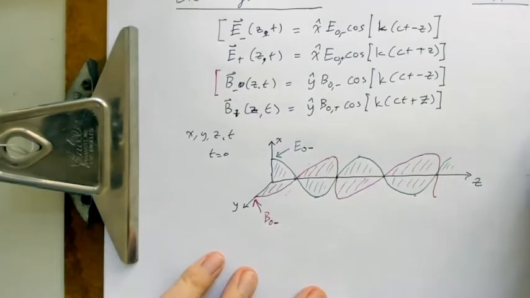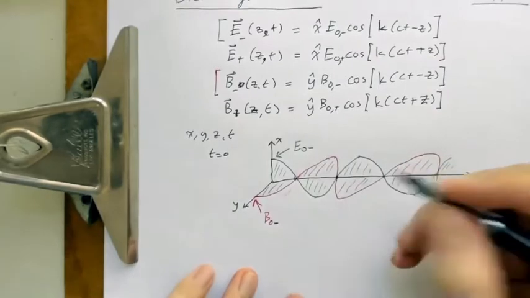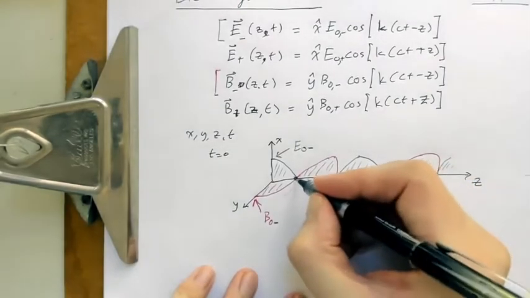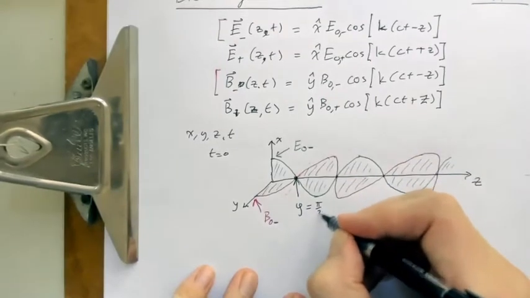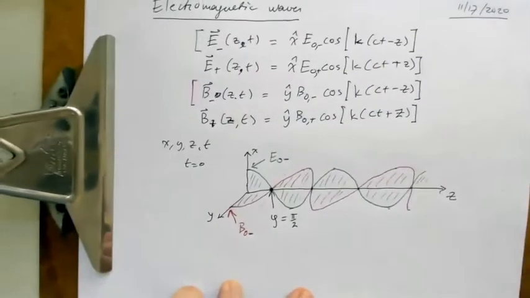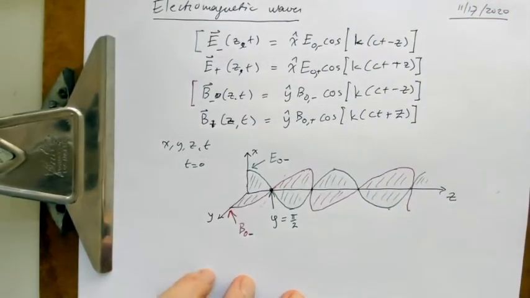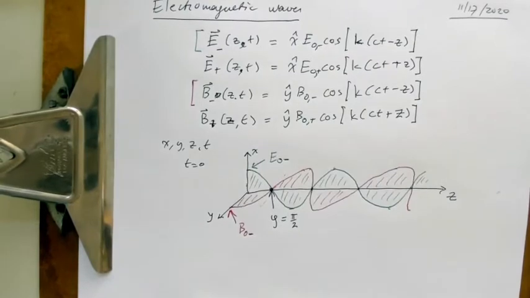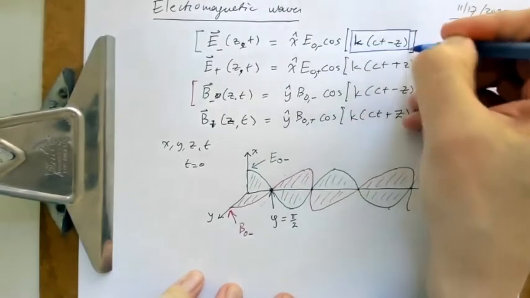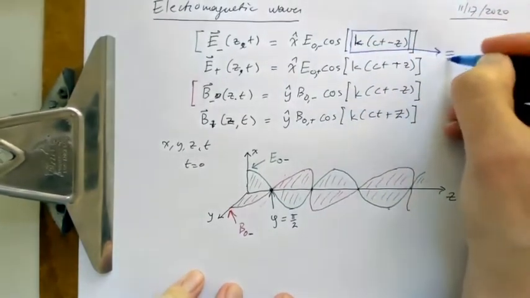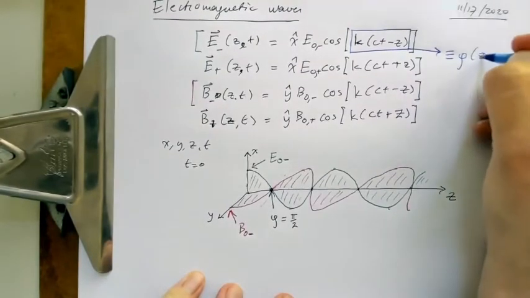All right. So let's look at what this thing is doing. Well, we have the phase here. This is where the phase is pi over 2. What do we mean by a phase? Well, the phase is whatever it is that we're taking the cosine of. So let's call that the phase, and it's a function of z and t.